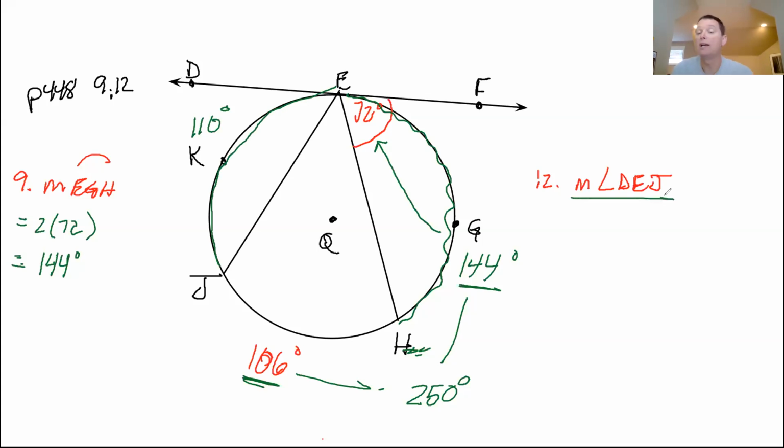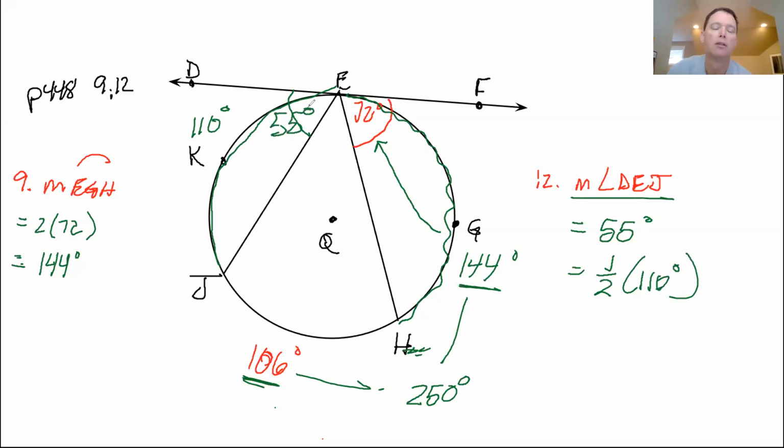Well, in general, I just wanted to know things, but curiously enough, this question is asking for this angle right here, which is going to be half of the arc it intercepts. That's got to be 55 degrees. Just 1/2 of 110. So this is 55.